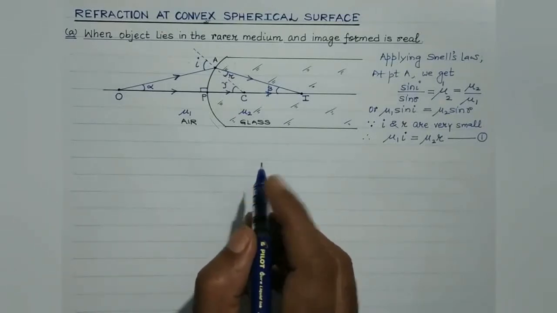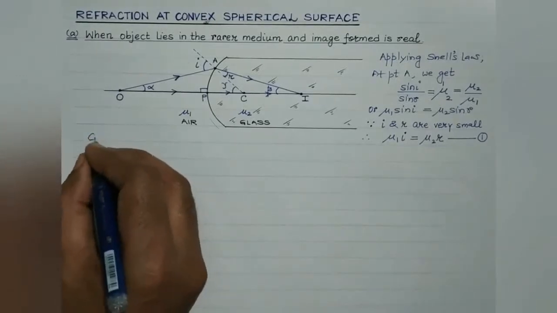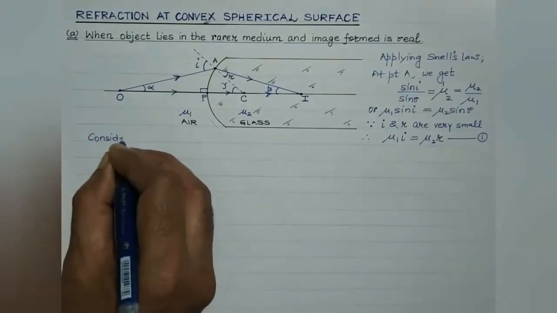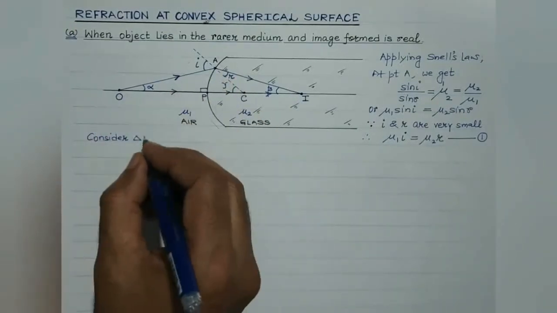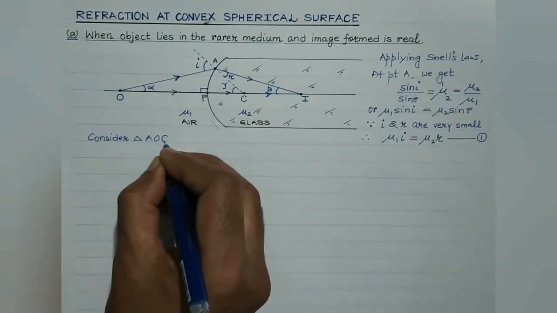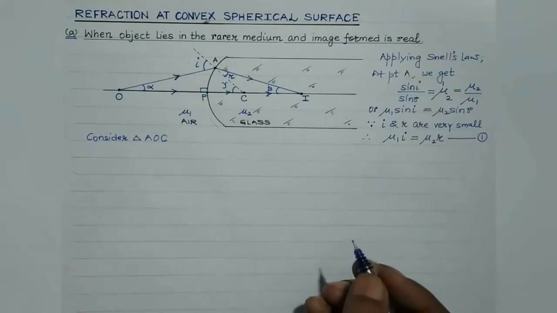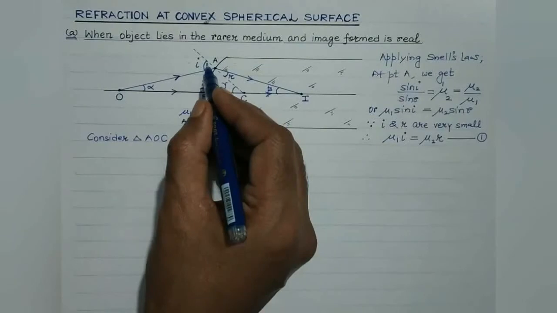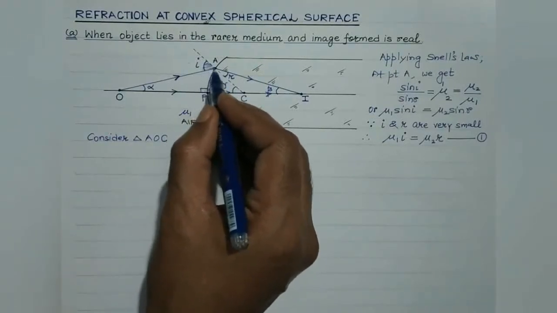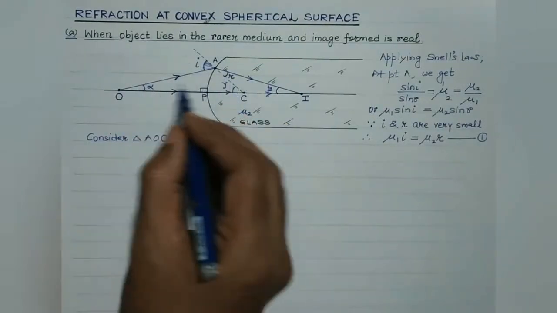For that, what we do is consider triangle, I think AOC, right? So now what we do is make use of the exterior angle theorem. Look, this is the exterior angle, angle I, and these are the two opposite interior angles.